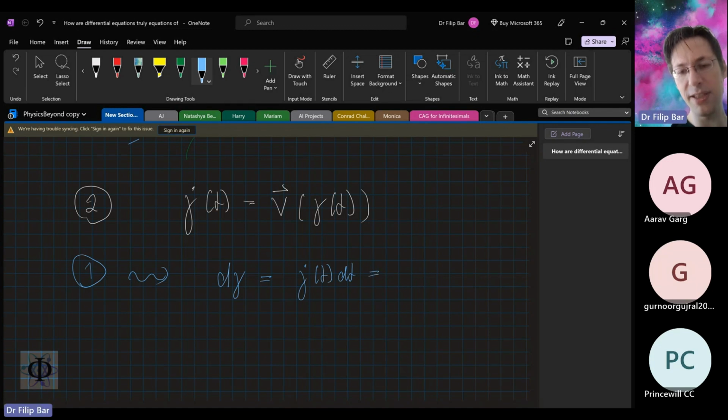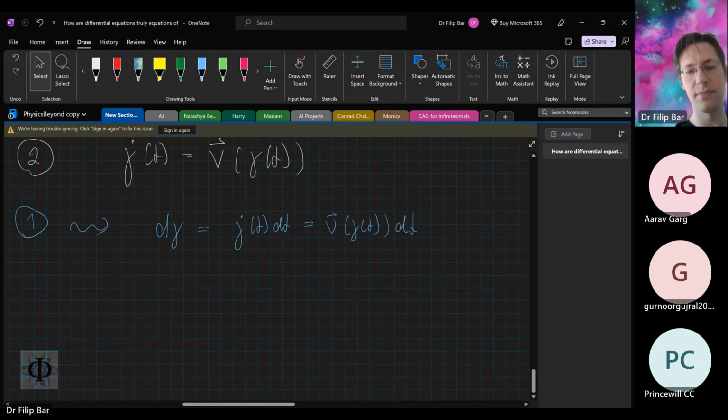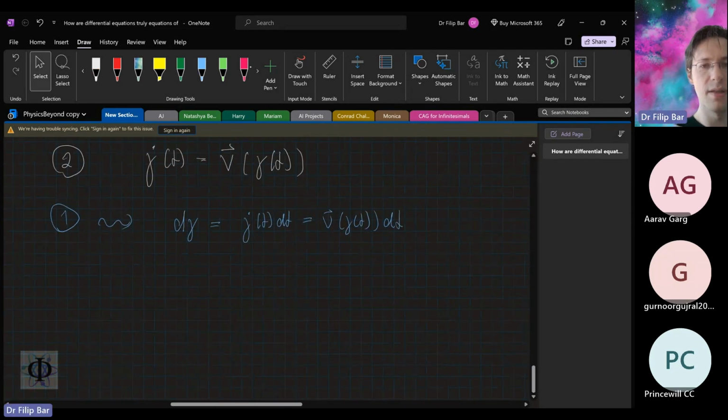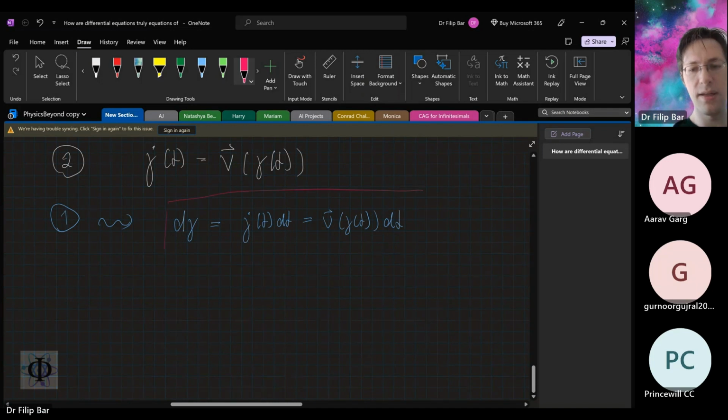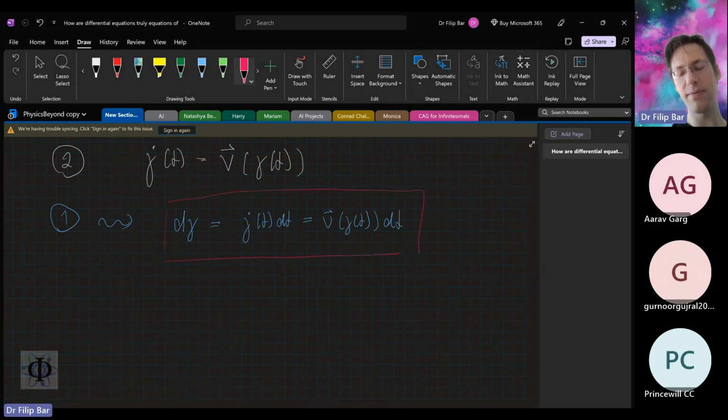But gamma dot of t is v of gamma(t), so d gamma equals v of gamma(t) dt.